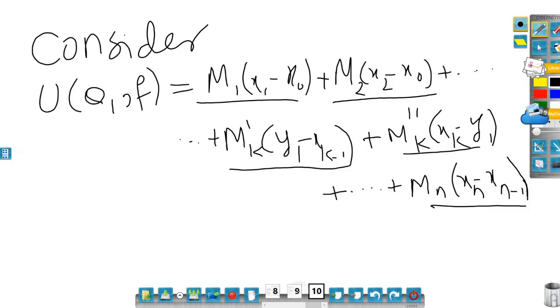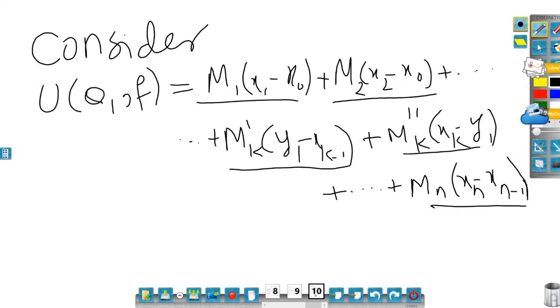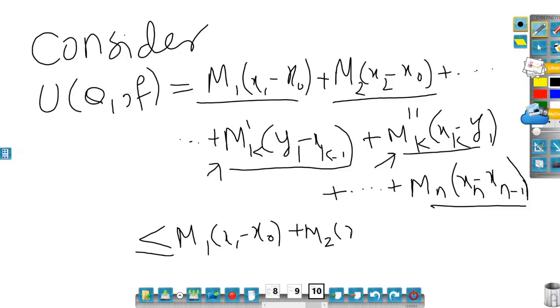Well, I will be using this one, that mk is always greater than or equal to mk dash. Similarly, mk is greater than or equal to mk double dash. So now here this mk dash and mk double dash will be replaced by mk, and everything that was equal becomes less than or equal to m1 times x1 minus x0 plus m2 times x2 minus x1. I made a mistake here, so let me modify it. Plus, you can see the third term is m3 times x3 minus x2, and so on and so forth.